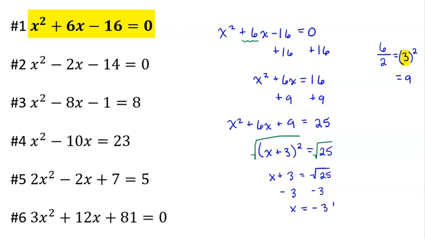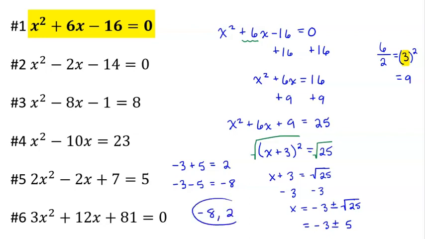X equals negative 3 plus or minus the square root of 25. I know the square root of 25 can either be 5 or negative 5, which means I have negative 3 plus or minus 5. Writing out my first answer, I have negative 3 plus 5, and that gives me positive 2. Negative 3 minus 5 gives me negative 8. And I'm going to go ahead and write these two in order. And that would be my answer for number 1.